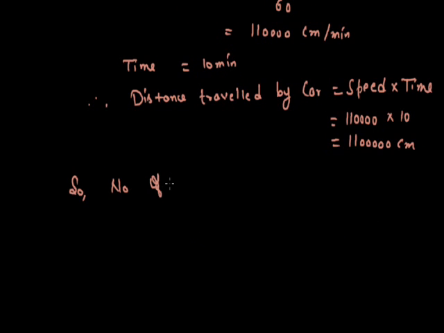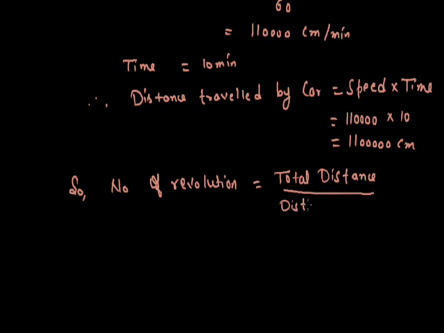So the number of revolutions taken by the car is equal to total distance upon distance traveled in one revolution.